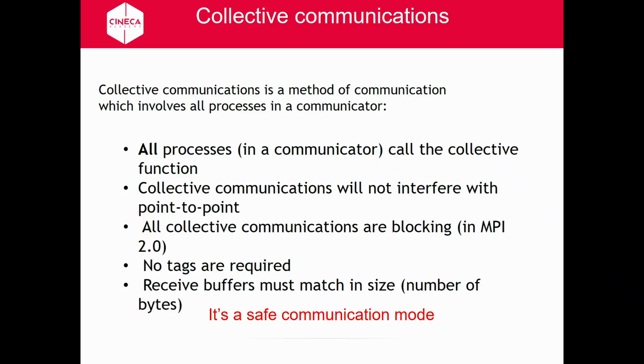Clearly, if you want to perform collective communication, the buffers in each processor need to be large enough to contain the information, and they also have to match in size.